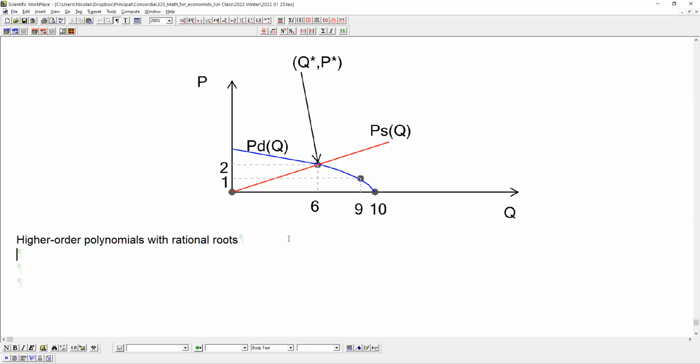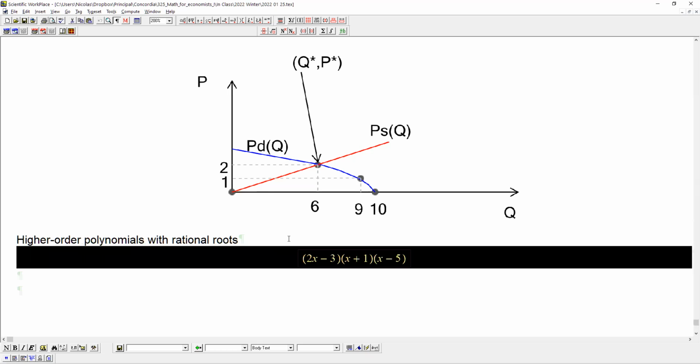So imagine, of course, if I have my computer, that's easy. So if I have something like 2x minus 3, then x plus 1, and x minus 5, for instance.